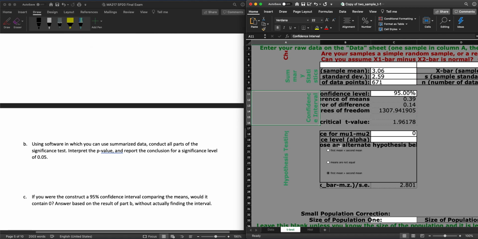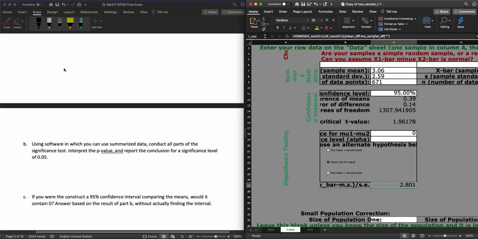And we want our alternative hypothesis being that these are not equal. We need our test statistic, which we are given on here to be 2.80. Okay, so our test statistic is 2.80.